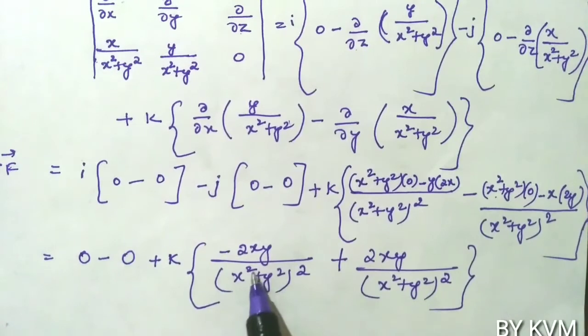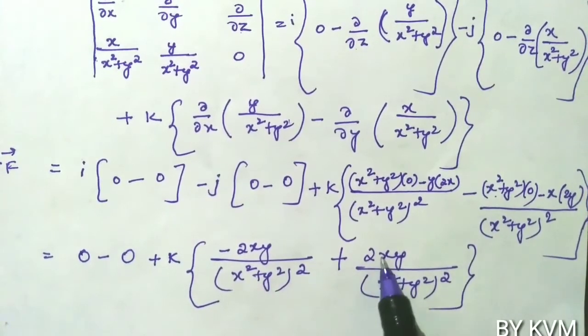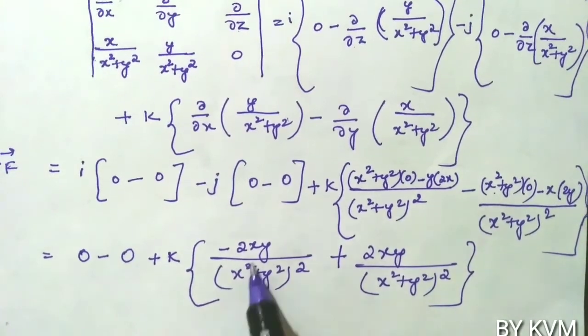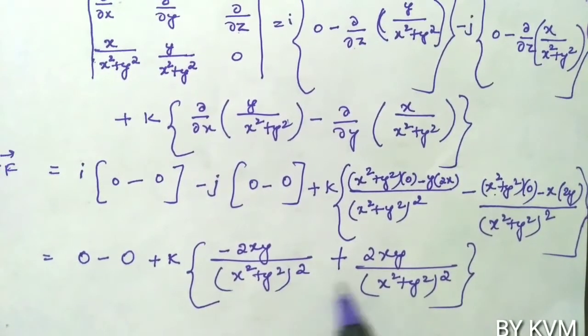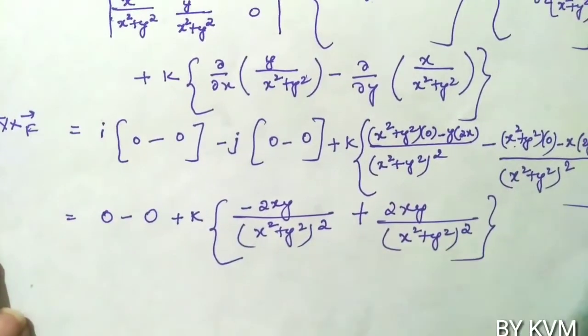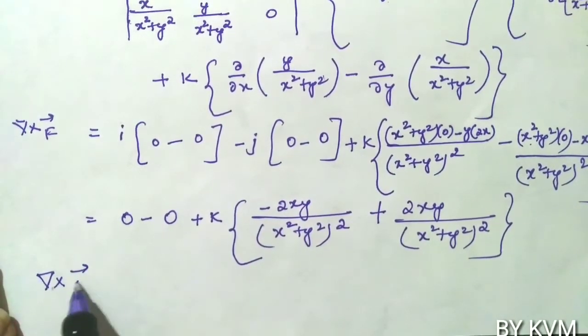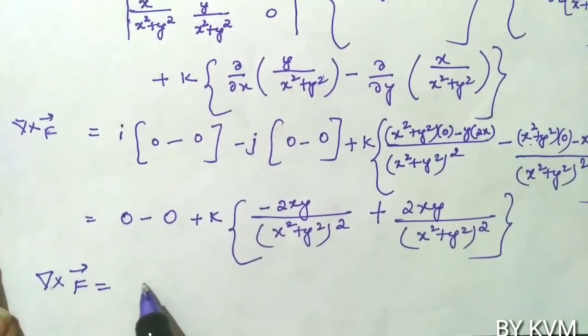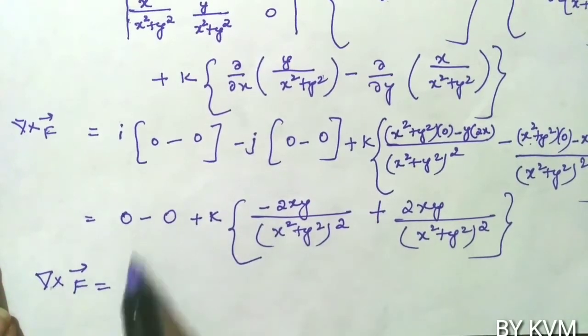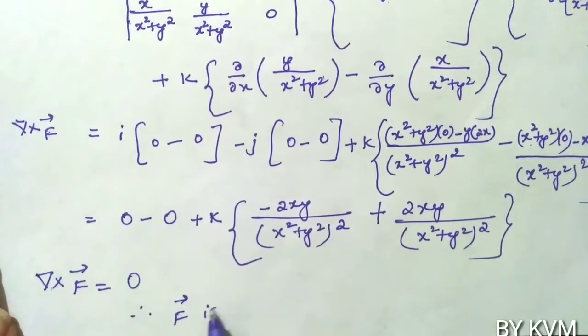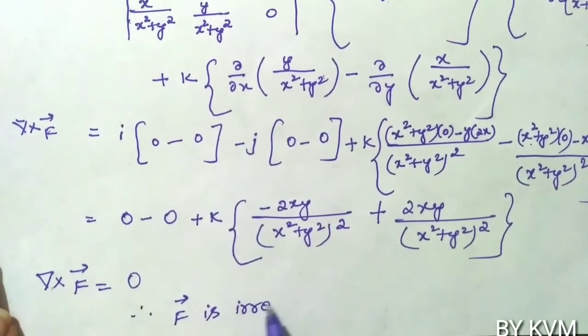So minus 2xy by (x² + y²)² plus 2xy by (x² + y²)². The denominator is the same in these two terms, we can add the numerators. Minus 2xy plus 2xy becomes 0. So del cross vector f equals 0. So therefore vector f is irrotational.